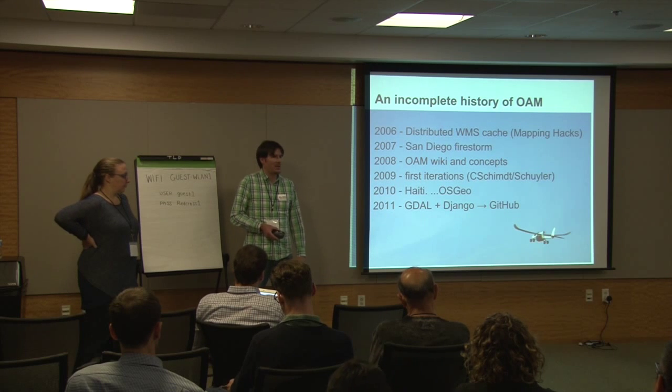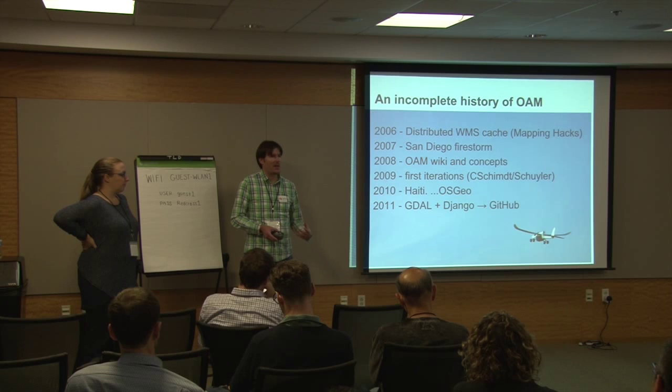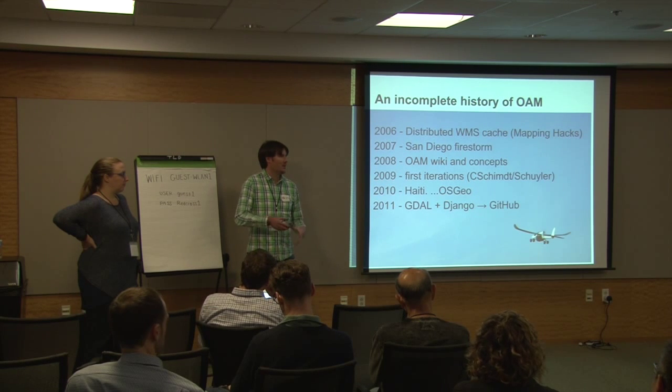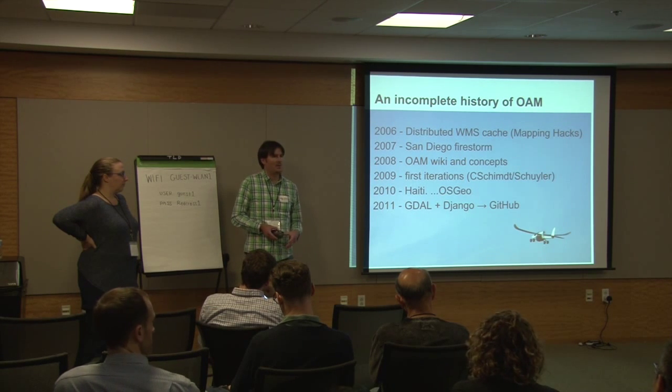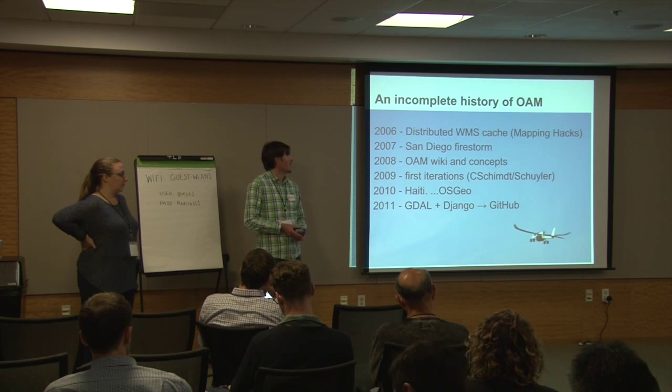And so that was another key point in the history of OpenAerialMap where we realized we really needed a way to collate imagery that is available and put it online for everyone to be able to access.